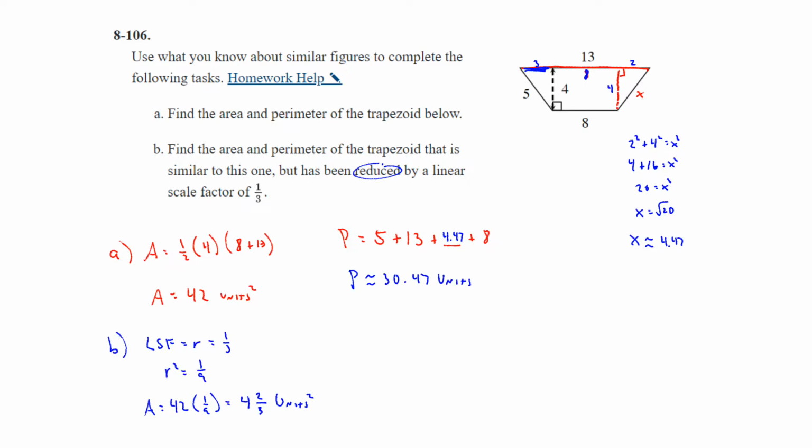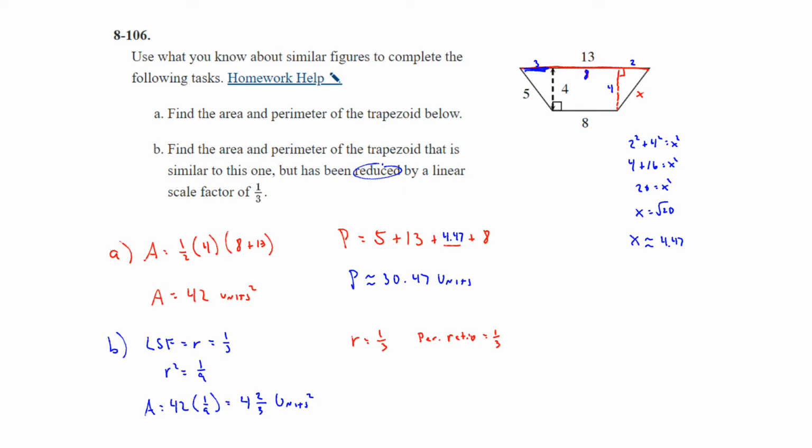Now, on the perimeter side of things, the linear scale factor is still 1/3, and the perimeter ratio is the same one. So R is equal to 1/3, and so therefore the perimeter ratio is also equal to 1/3. So we just need to take a third.